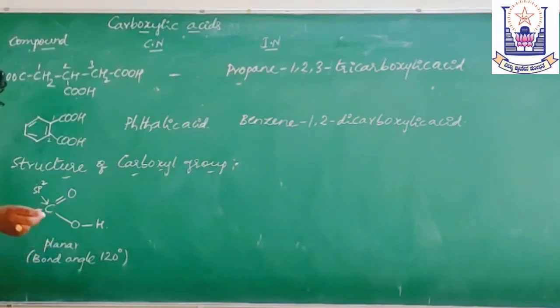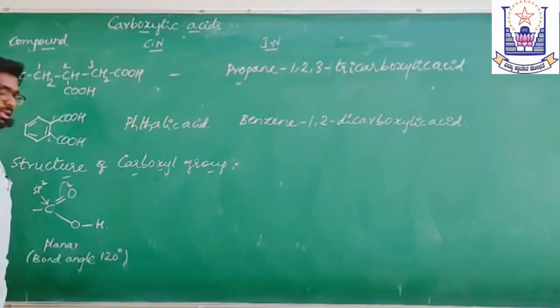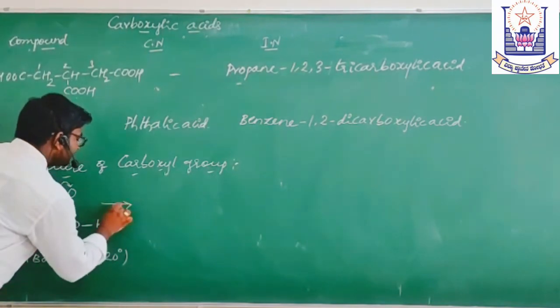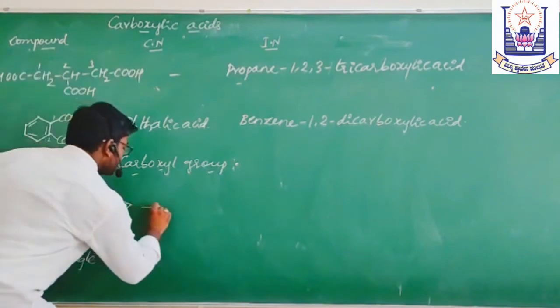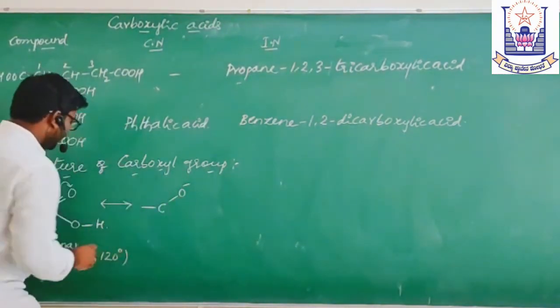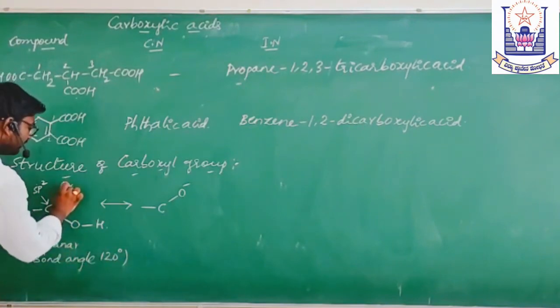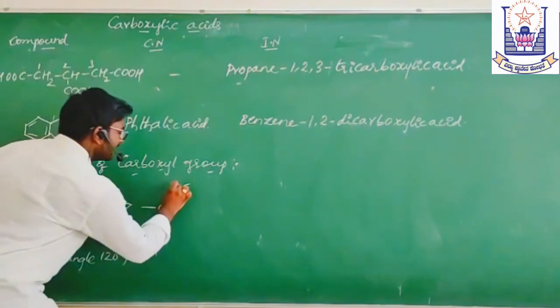You know that in this group, this oxygen is most electronegative. It will pull electrons towards itself. Now, this initiates the resonance structures. So what happens? Polarity will be produced, and you know that there will be a lone pair of electrons on this oxygen that will be present as it is.